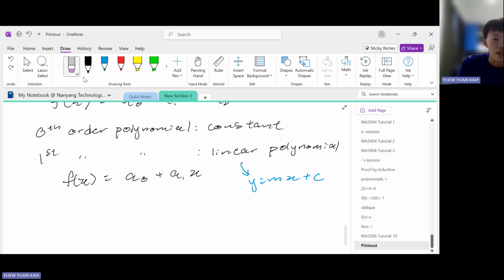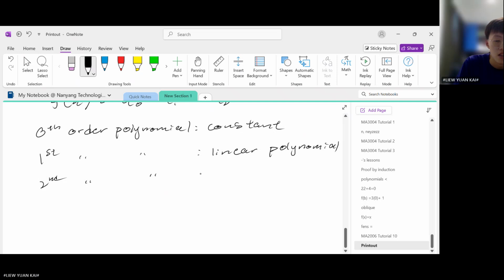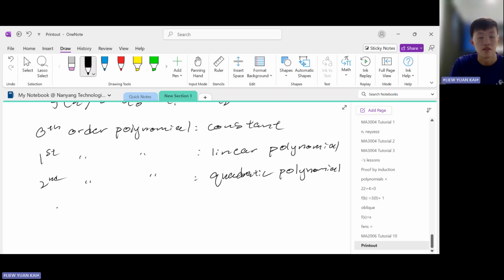Now let's take a look at the second order polynomial. Second order polynomial is what you call a quadratic polynomial. So let's take a look at what a quadratic polynomial looks like. a naught plus a1x plus a2x to the 2.